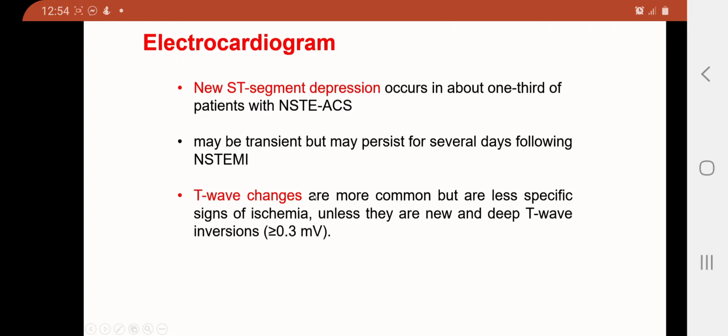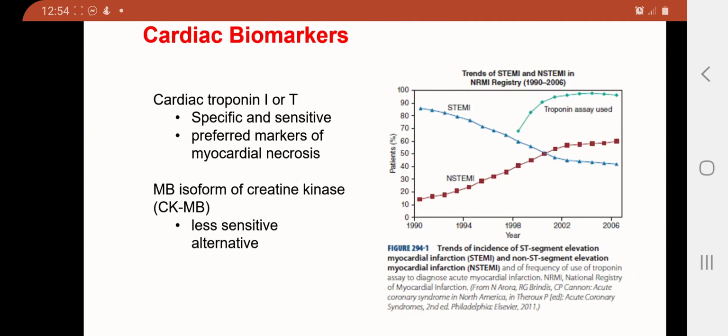ST segment depression is more common, while T-wave changes are less specific signs of ischemia unless they are new, deep T-wave inversions of more than 0.3 millivolts. The cardiac troponins, troponin I and T, are the more specific and sensitive, and the preferred markers of myocardial necrosis compared to CK-MB.